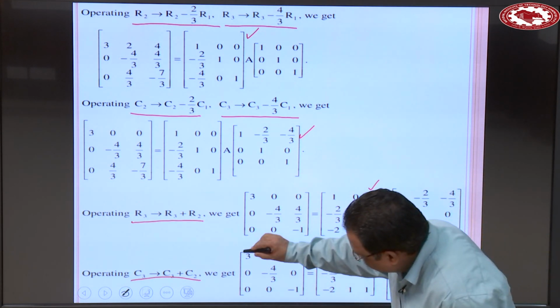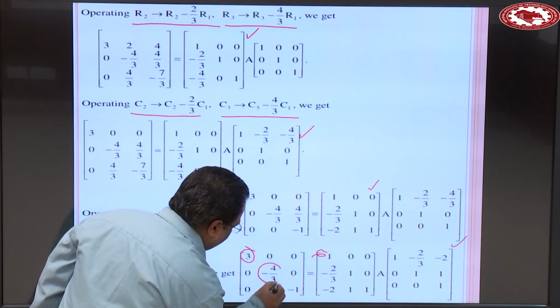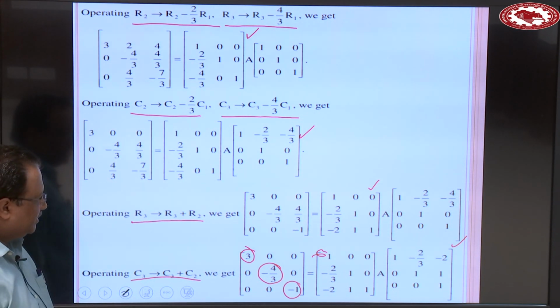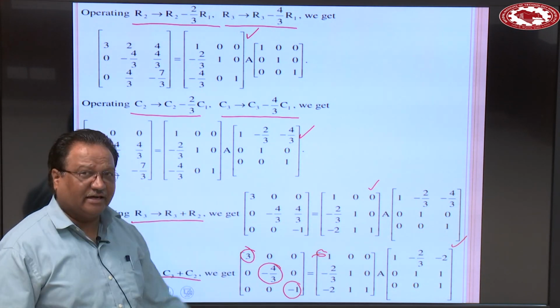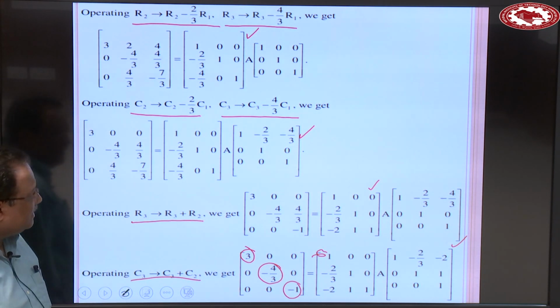Now see, this one is 3, this one is 3, this one is minus 4 by 3 and this one is minus 1. Clear? And all other non-diagonal elements are 0. So this one is a diagonal matrix.